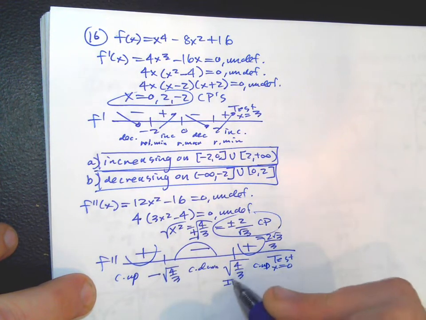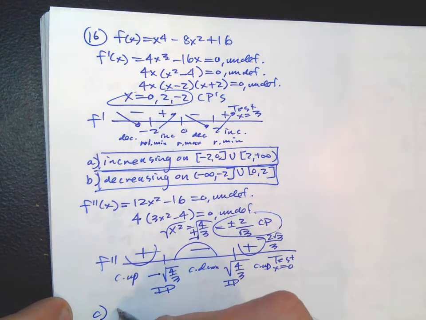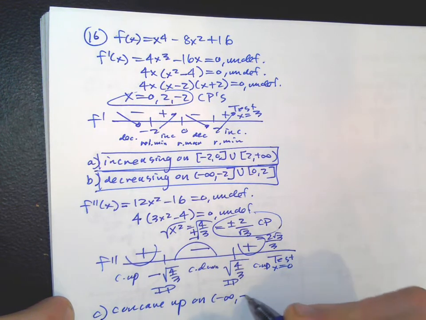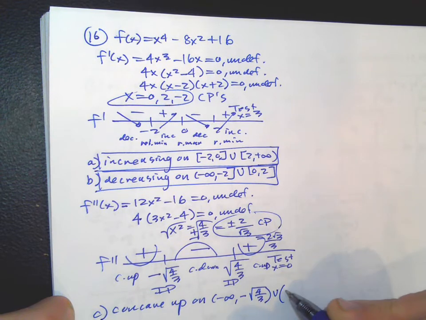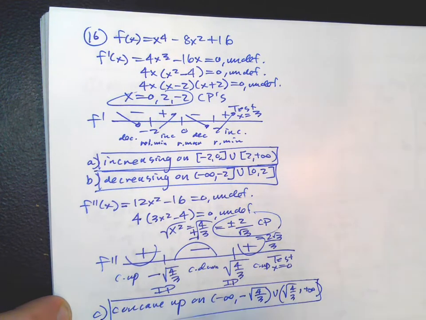Inflection points. We have all of our answers on this picture. We just have to write them down now. So C is concave up on negative infinity to negative square root of 4/3 and square root of 4/3 to positive infinity.